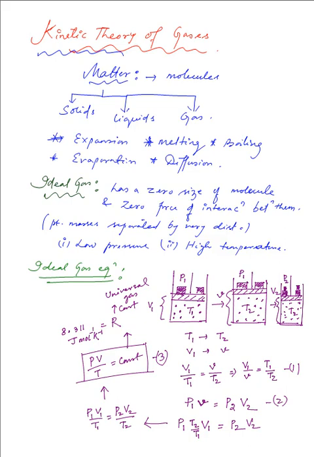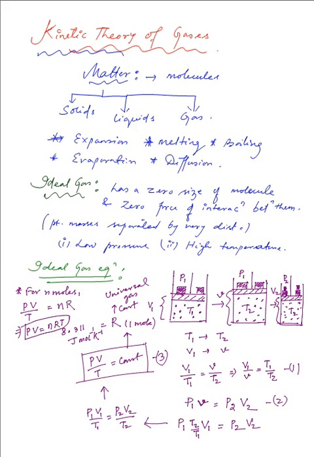And this is for 1 mole, and for n moles it will be n times R. So for n moles we'll have nR on the right hand side, PV by T on the left hand side, resulting in PV equal to nRT, the ideal gas equation for n number of moles.